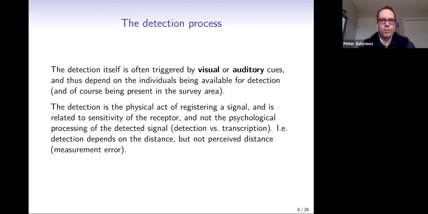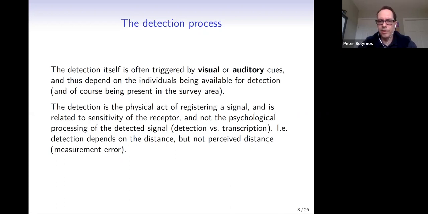And I'm referring to the detection process as this physical aspect of a signal being emitted, and then an observer or a detector is going to register that signal, and how strong that signal is going to be, and whether it is going to exceed the threshold that we can say, oh, I heard that. That's the physical side of things.